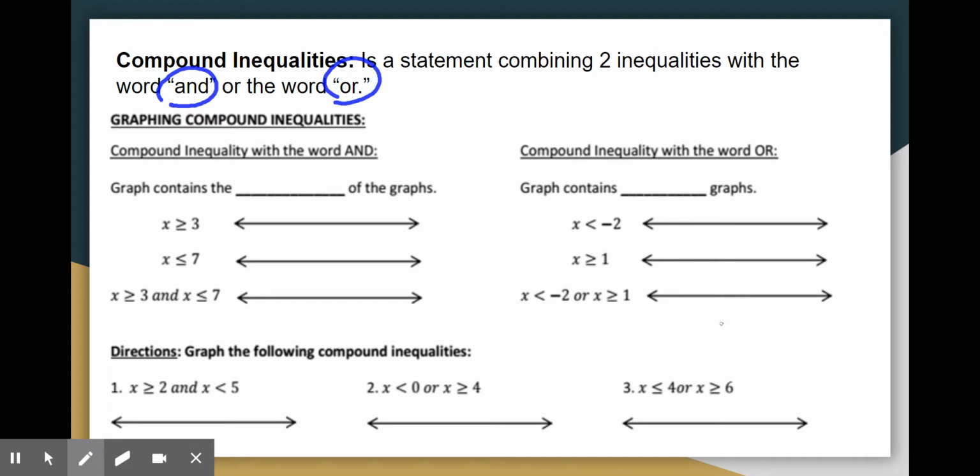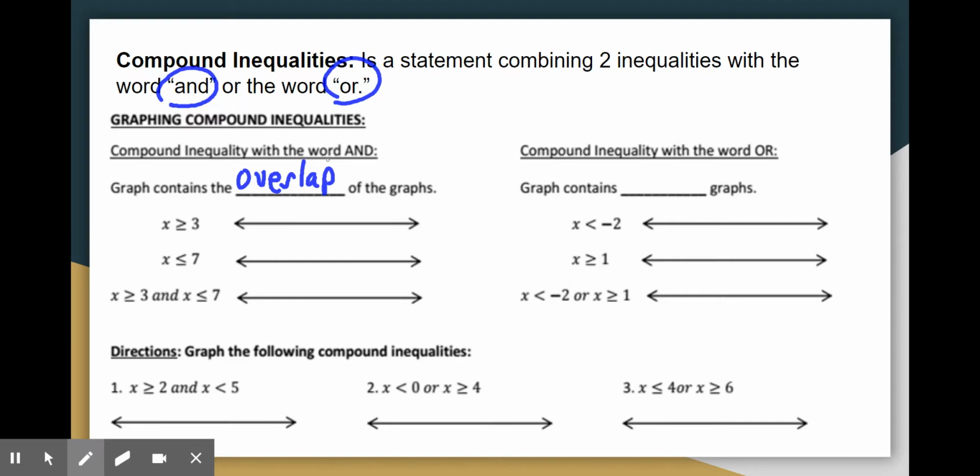All right, so let's start by learning how to graph a compound inequality. The graph of an and inequality contains the overlap of the two graphs.